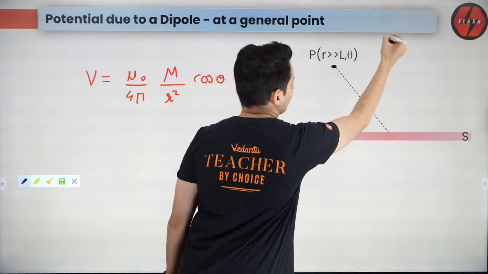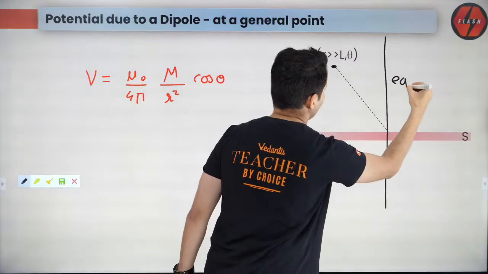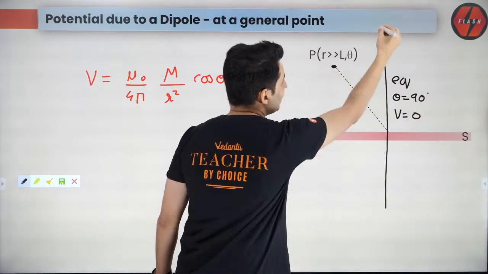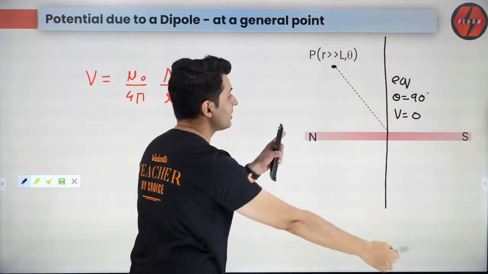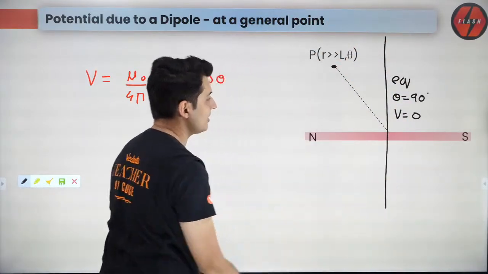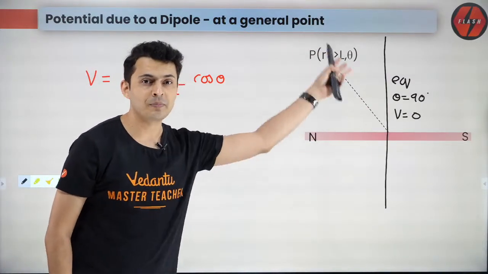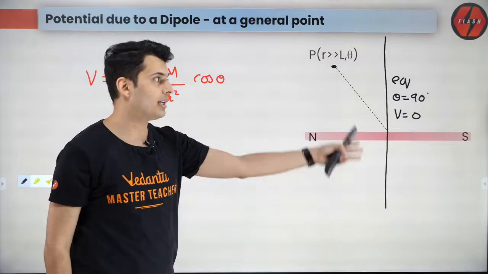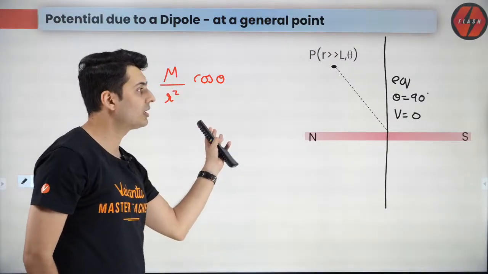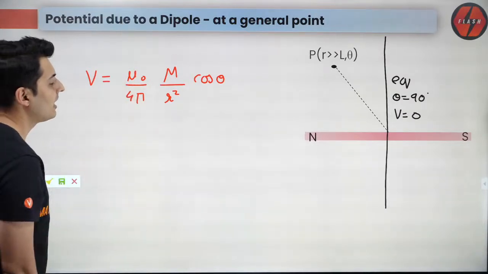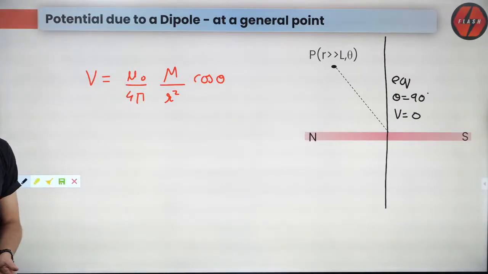If you are anywhere on the equator where theta is 90 degrees, potential is 0. They're all equipotential points because you are equidistant from the north and south pole. So the potentials due to north and south cancel out each other. Potential is a scalar quantity, remember that. If you are on this side, it's positive. If you are on that side, it's negative. So on the equator, everywhere the potential is 0.